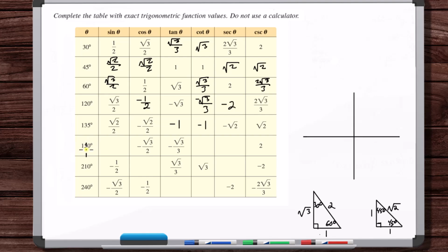All right, 150, so that's going to be second quadrant, 30-degree reference angle. And so it's kind of hard to visualize, but you could take this triangle and spin it into the page or out of the page and then back into the page. And then you could put the 30-degree angle there. But all that's going to happen is the horizontal is going to be negative.